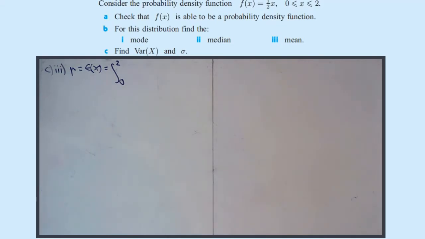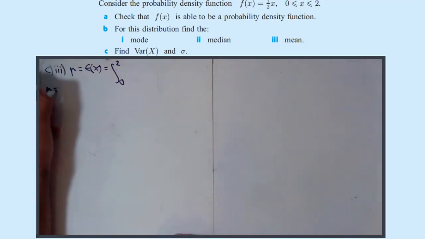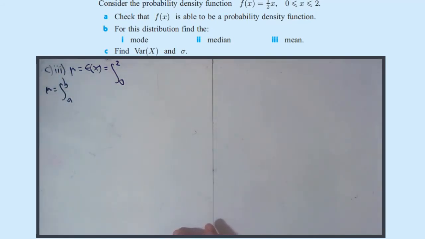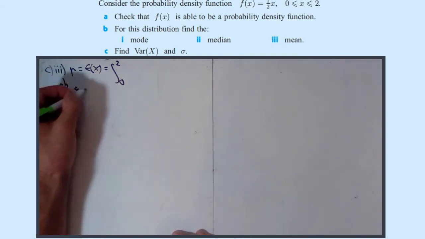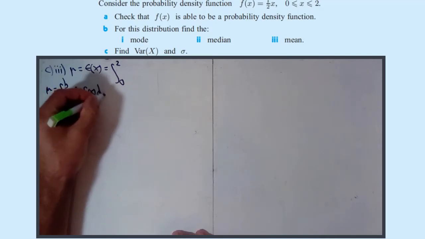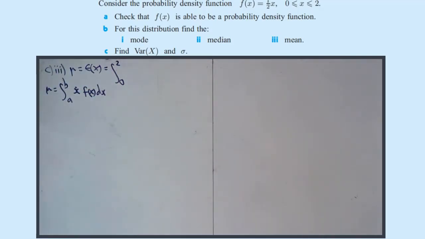In fact I'll write this down, so mu equals the integral between b and a, where b and a are the entire domain of the PDF of x, of x times f of x dx. Right, so it's very similar to your discrete random variables when you find the sum of x times p of x sort of thing.